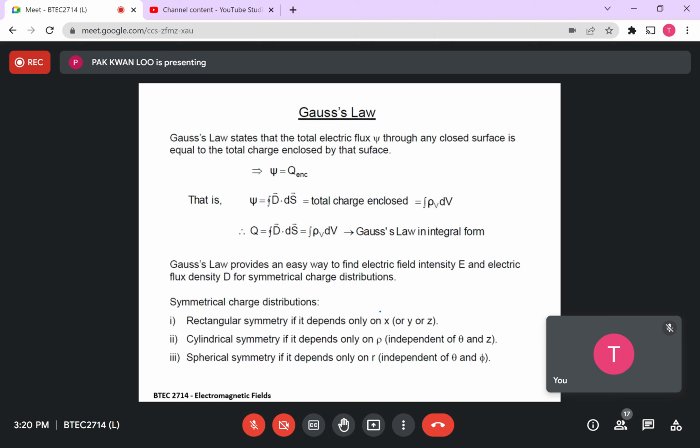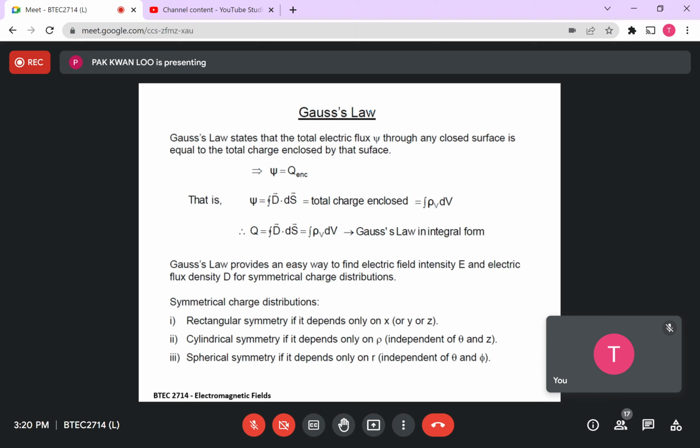Okay, since I have provided some preliminary explanation regarding flux, electric flux: a simple illustration.